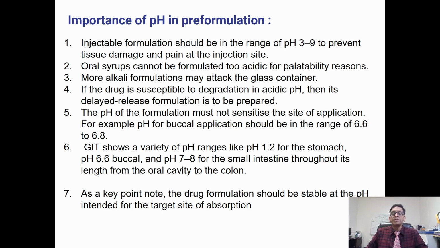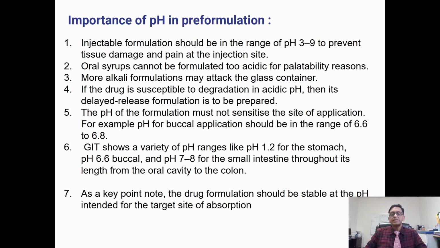The pH of the formulation must not be irritating to the site of application. For example, the pH of a buccal application should be in the range of 6.6 to 6.8. In the GIT, the gastrointestinal tract, there is a variety of pH ranges, from pH 1.2 for the stomach, 6.6 in the buccal cavity, and pH 7 to 8 in the small intestine, throughout its length from the oral cavity to the colon.